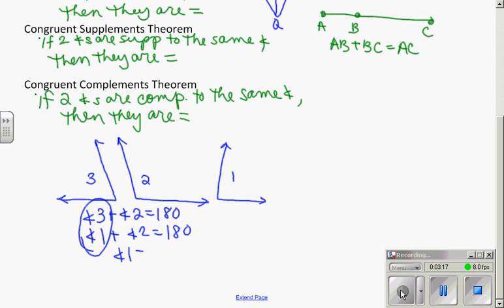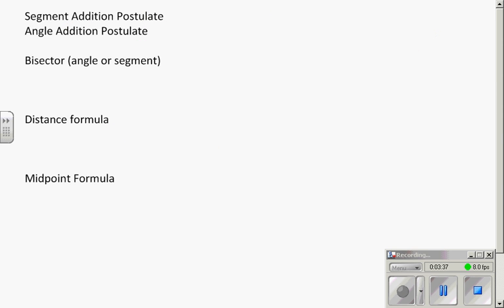It should feel pretty good in your gut that angle 1 has to be exactly the same as angle 3. It's nice if you think about some actual numbers. If this were 50 and this were 130, then this would have to be 50 if 1 and 2 were also going to be supplementary. It works the same thing for complementary.